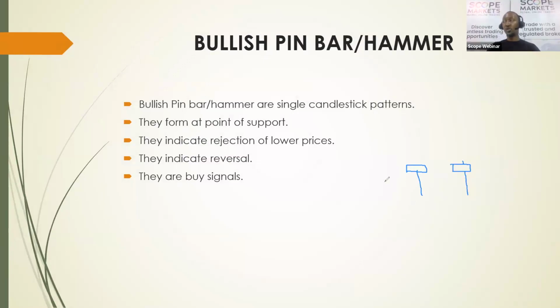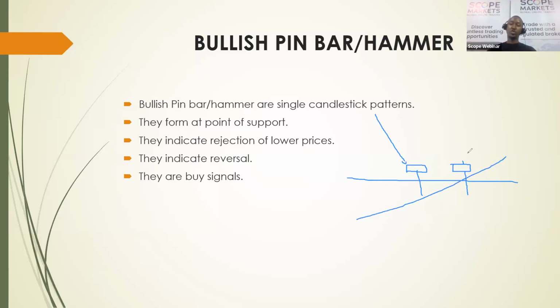These long lower wicks again signify rejection of lower prices: the sellers wanted to take the market all the way down, but buyers came in and started pushing the price up. These candlesticks form at an area of support or on an uptrend trend line.